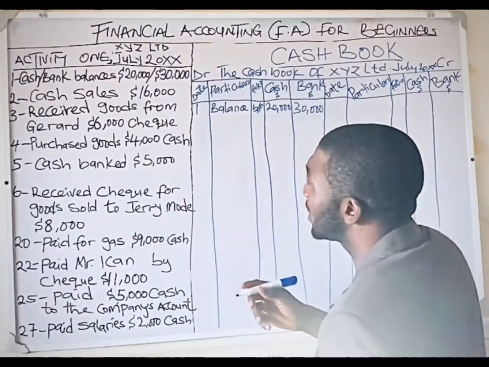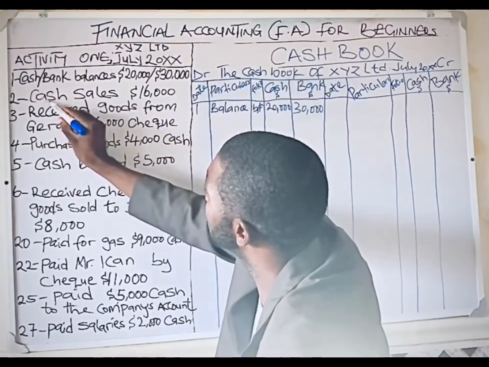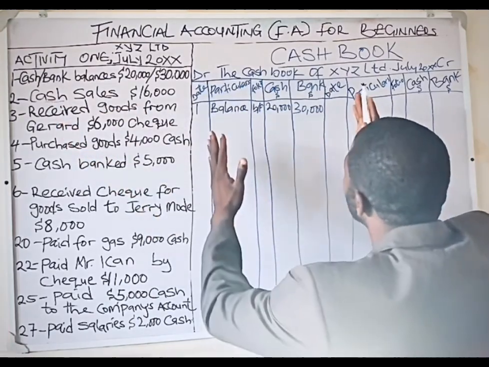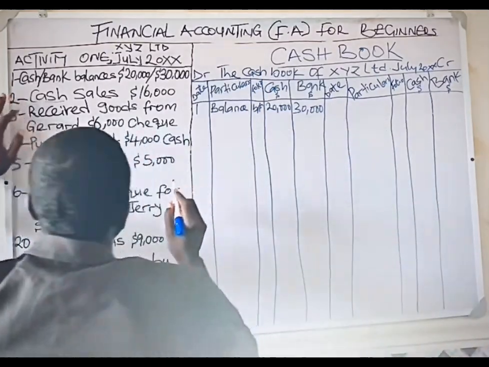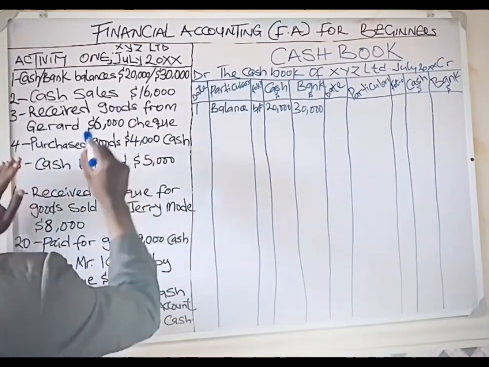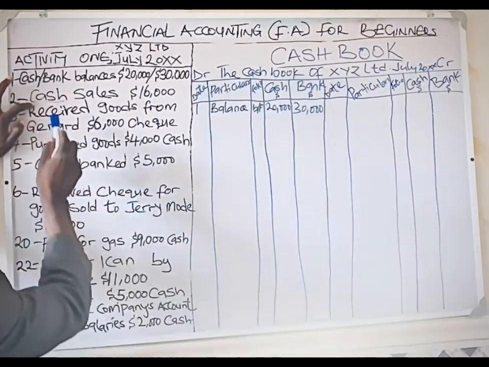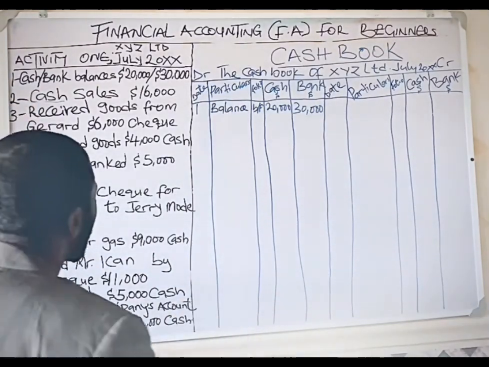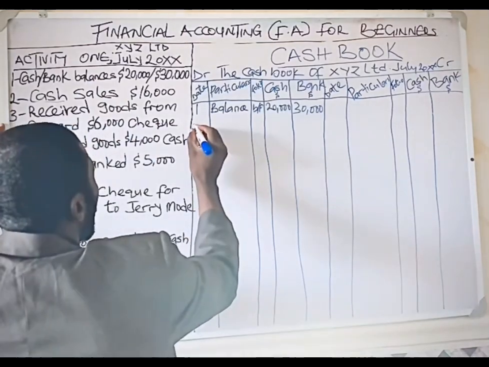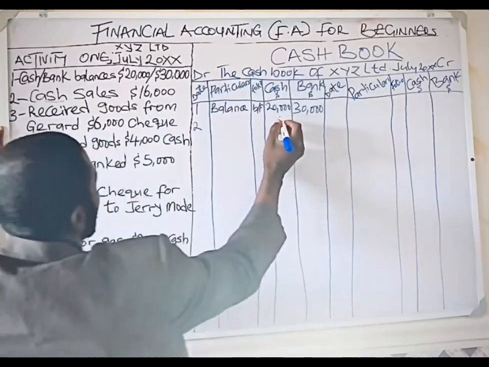What are we receiving? Cash. So in your debit side, definitely you are going to debit whatever the amount is at the cash column because you receive cash. That is very simple. Now, since we receive cash, debit transaction, on the second, we receive cash of how much?